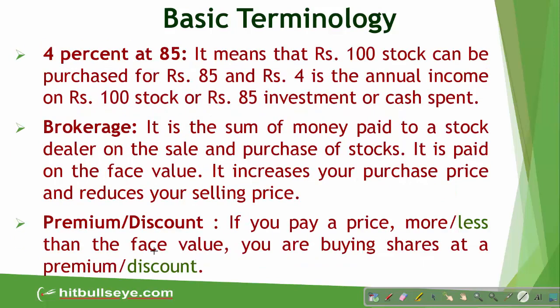Moving on. Students, now this important term is usually not understood by the students. It is 4% at 85. This simply means that a share having a face value of ₹100, as we told you to take the face value to be ₹100 always, unless the question states it otherwise, it pays 4% dividend.